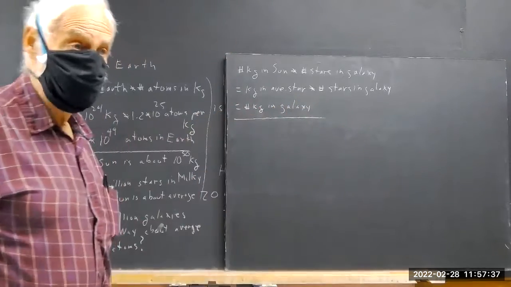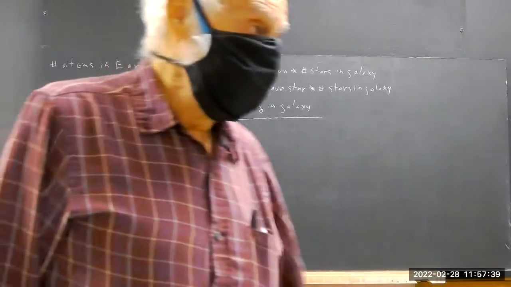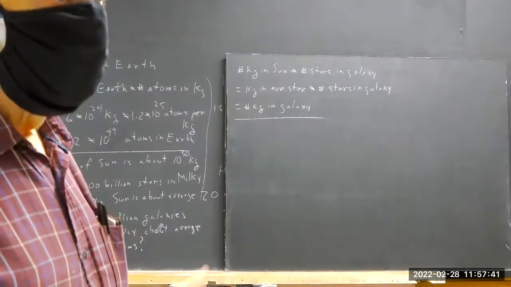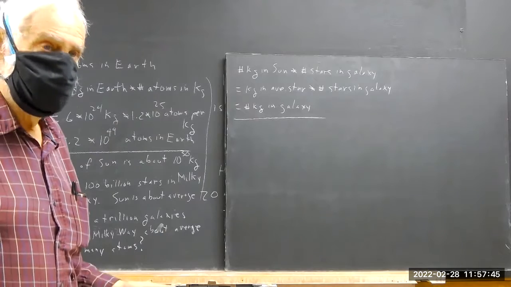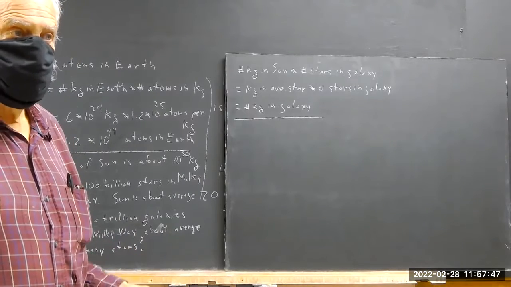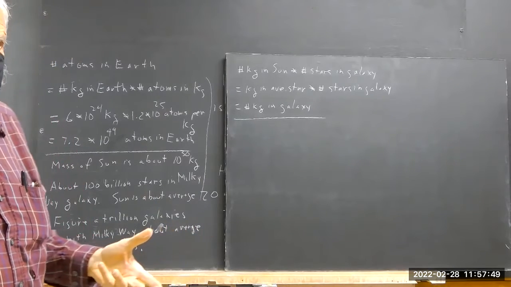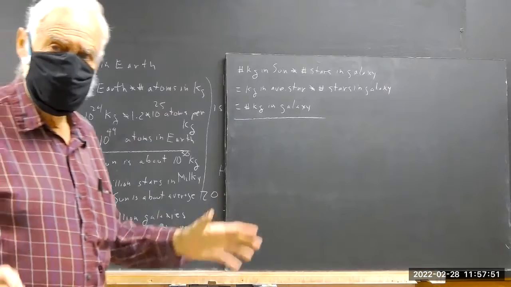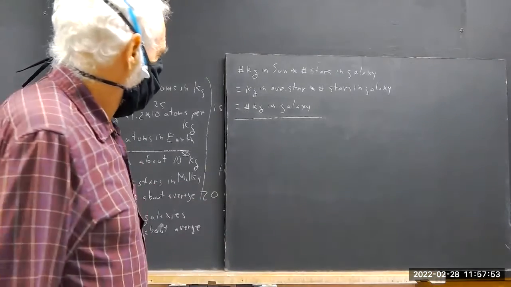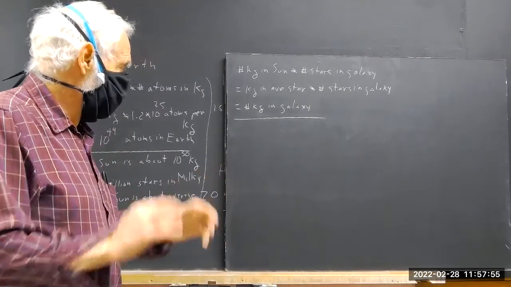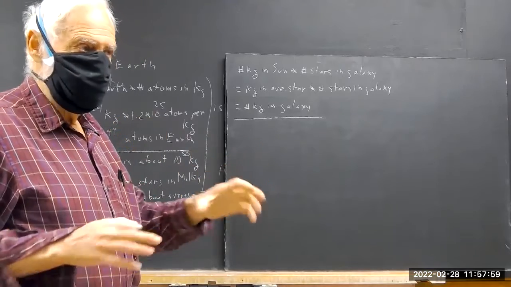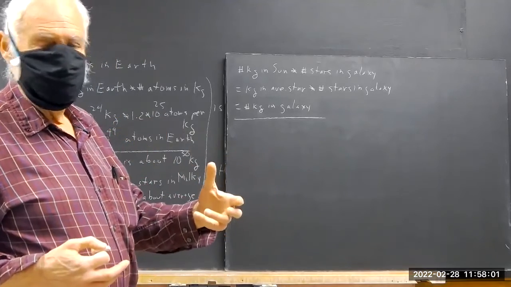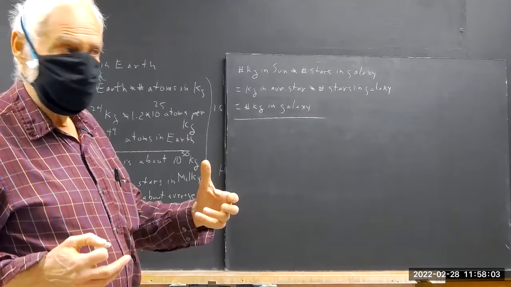Well, that's a useful thing. Now you might just stop and think, if you assume the average density of the stars is the same as the average density of the Earth, which isn't quite true. Mostly hydrogen in most stars, but with a more solid core, similar to the structure of the Earth, except it's not solid.